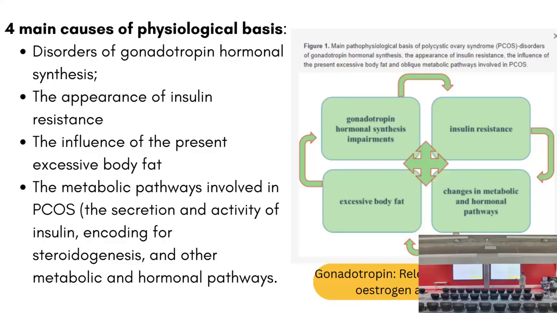After that, we see changes in the normal hormonal pathways, our metabolic profiles, so we start to see things like dyslipidemia as a consequence of this. We might start seeing increases in cortisol as a consequence, and then a reduction in estrogen as a result, which then ties into, again, more excess body fat being produced, and we've got this negative feedback loop going round and round and round again.